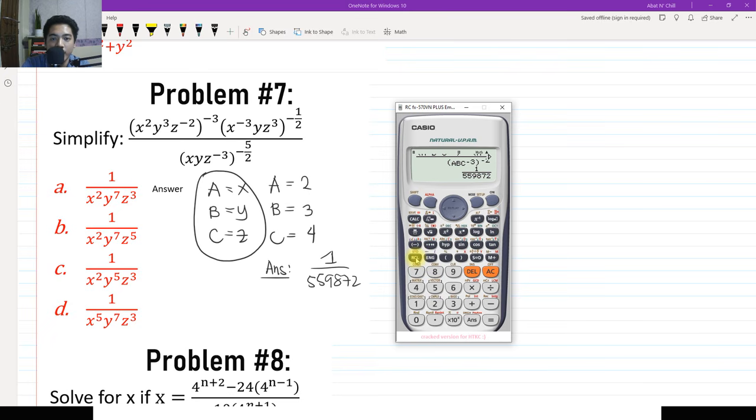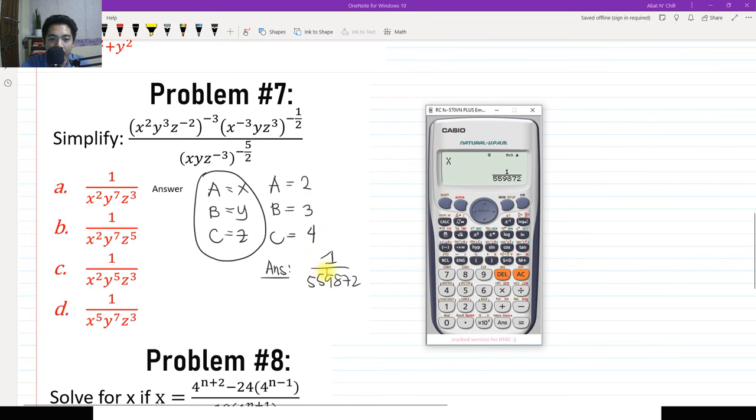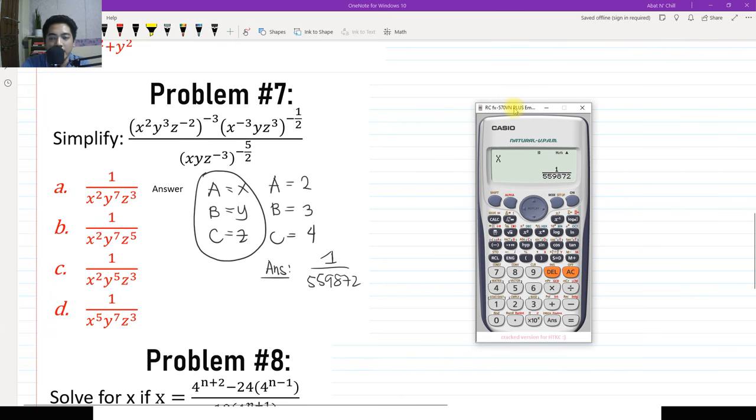Make sure to click Shift first and then store to the value of x. So that whenever we call the value of x, that is the result. So we have stored the value of the answer we got a while ago into the variable x, so that we would not forget. Actually, I already wrote it also, so for us not to forget.